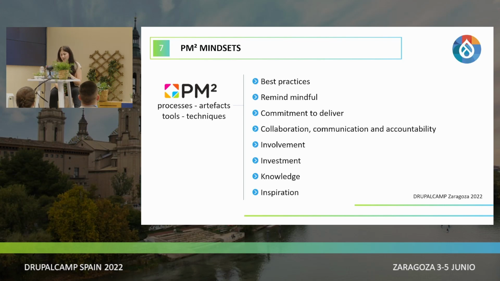So we as project managers and our team, we need to ensure that we always apply the best practices in the project, that we remain mindful with the methodology that we are working with, that actually methodology is serving the project and not the other way around, as you know, that we are committing with the results that we are requested to.